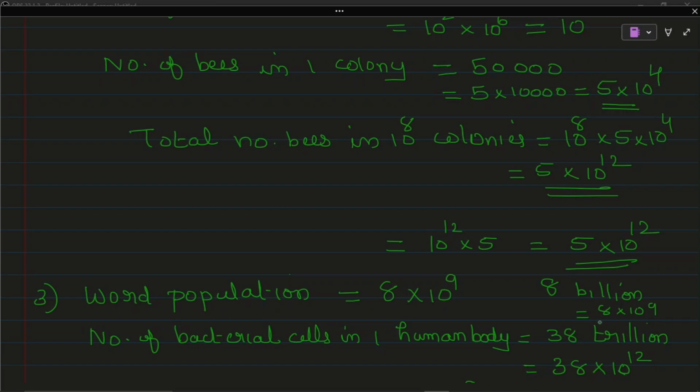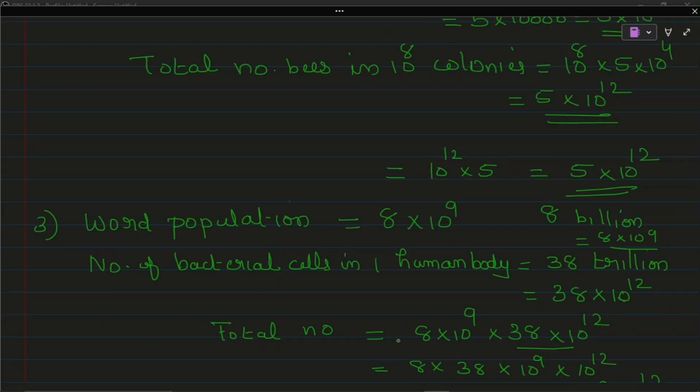So now we have to find the number of bacterial cells in the total population, that is 8 into 10 raised to 9 people. So the total can be found by 8 into 10 raised to 9 multiplied with 38 into 10 raised to 12. First I have written the numbers, that is 8 and 38.